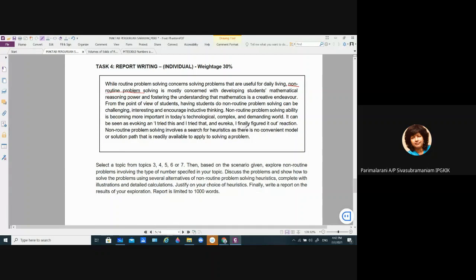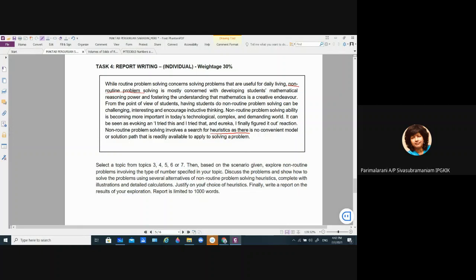Okay, so non-routine problem solving involves a search for heuristics. Heuristics are strategies to solve problems. There is no convenient model or no fixed solution path that is available. You have to try a few different strategies until you find the solution. Okay, so this assignment is all about non-routine problem solving.